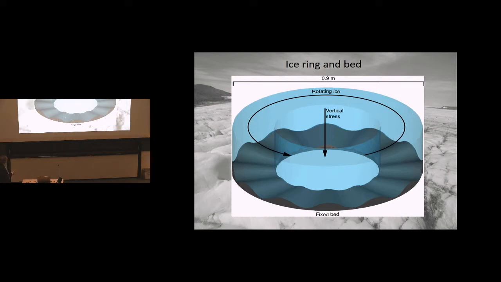Lliboutry was one of the first to actually consider a sinusoid. We also made the bed not out of rock, but out of a high-density plastic called Delrin to inhibit regelation. The thermal conductivity of this stuff is something like 10 times less than that of rock. And what this means is we can scale up these results better to the larger scales of bumps that more recent sliding theories have tended to focus on, work by people like Christian Schoof.